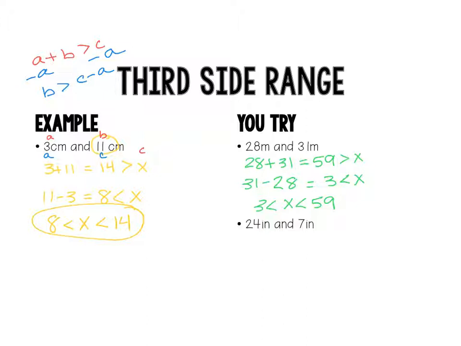Looking at this one, 24 and 7, if I assume that those are the two smallest, then 24 plus 7 is 31, so x has to be less than 31. If I assume that 24 is the biggest side, x has to be greater than 17. So x has to be greater than 17, but less than 31.